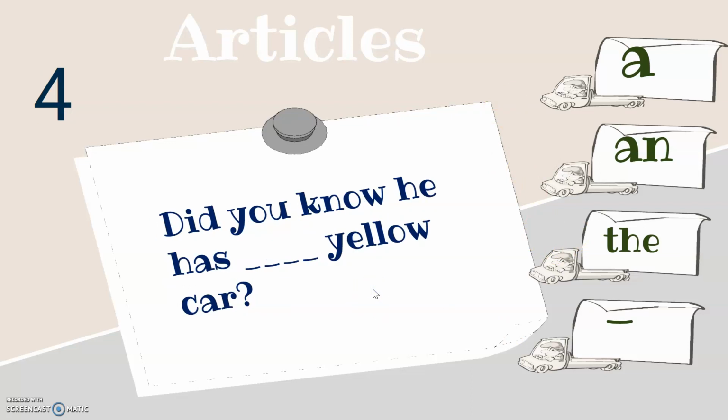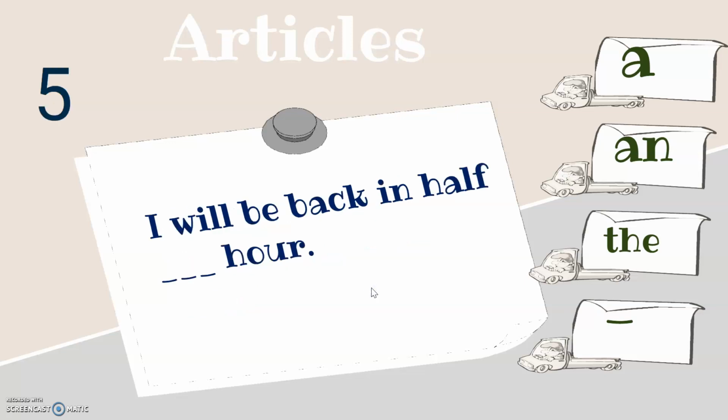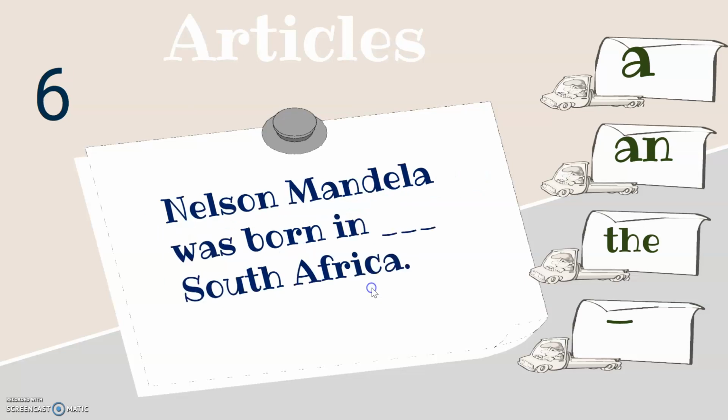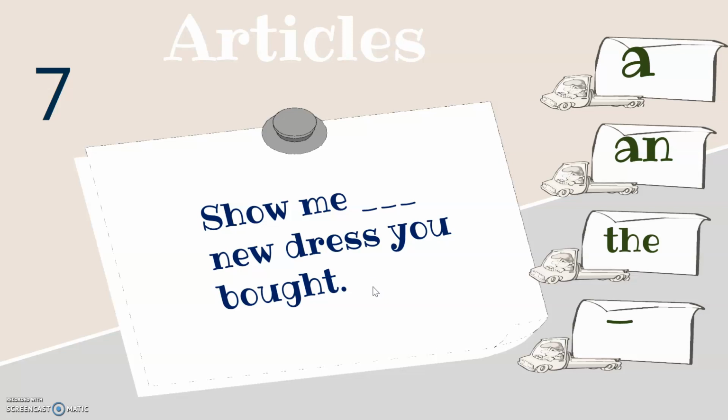Number 4: Did you know he has blank yellow car? A, the, or nothing? Number 5: I will be back in blank half hour. Number 6: Nelson Mandela was born in blank South Africa. Do we use a, the, or do we leave it? Number 7: Show me blank new dress you bought. A, the, or blank.